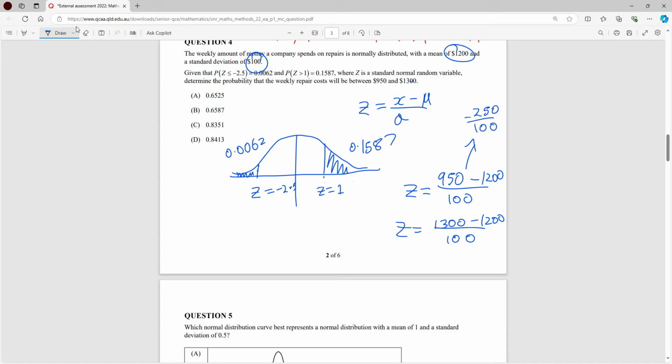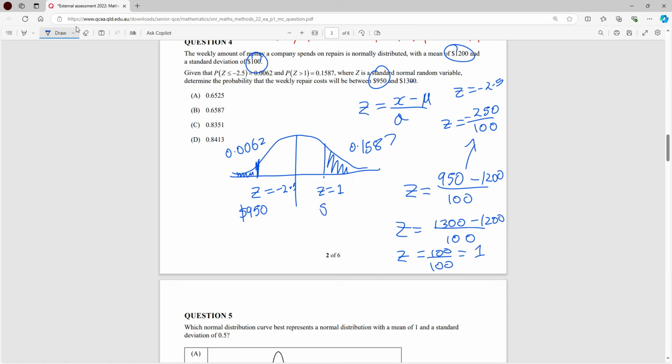So here, you get z is equal to -2.5. So pretty much, this number here matches this guy here. So this is when the cost is 950, okay? This one here, if we work this guy out, you get 100 over 100, so you get a z-score of 1.